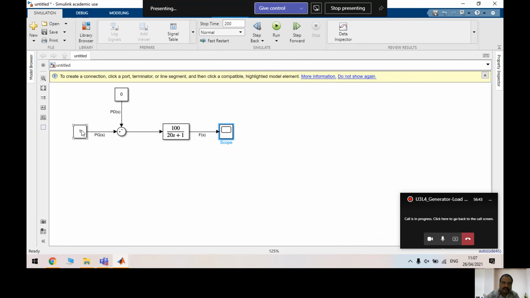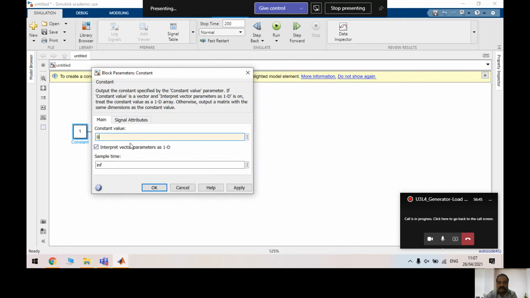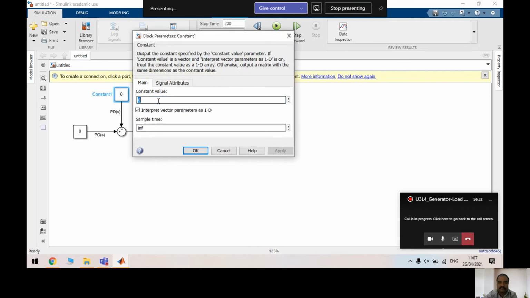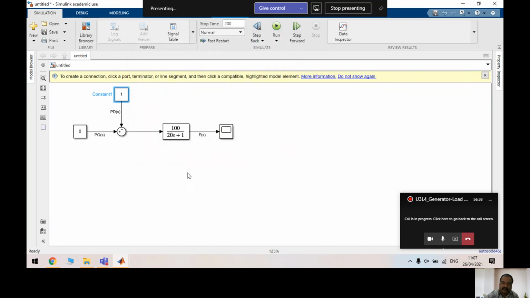Now, let us suppose I assume that there is no change in the generation, but suddenly my demand has doubled, which means the percentage change is going to be 1, isn't it? There is a 100% increase, which means demand has doubled. Now let's see what is going to be my change in frequency.